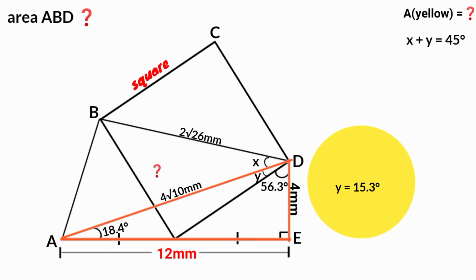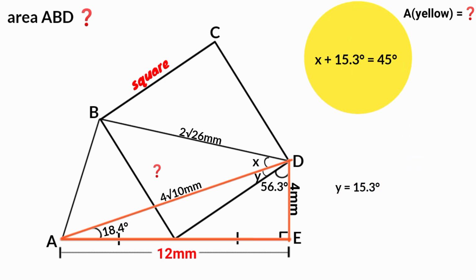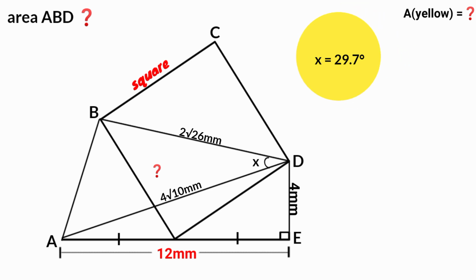So y equal to 15.3 degrees. If we substitute here, x plus 15.3 degrees equal to 45 degrees. Making x the subject, x equal to 45 degrees minus 15.3 degrees, which is 29.7 degrees. That is, the size of this angle is 29.7 degrees.